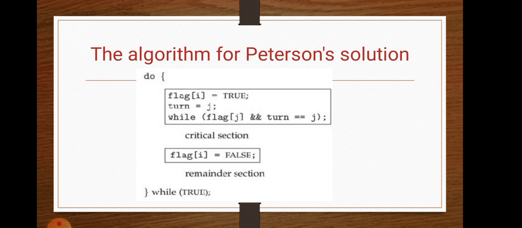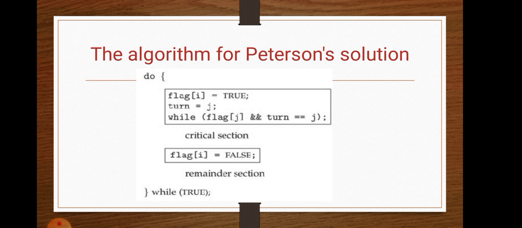If flag 0 is equal to true, then it sets the turn to j. So what is j now? 1. So why is j equal to 1?